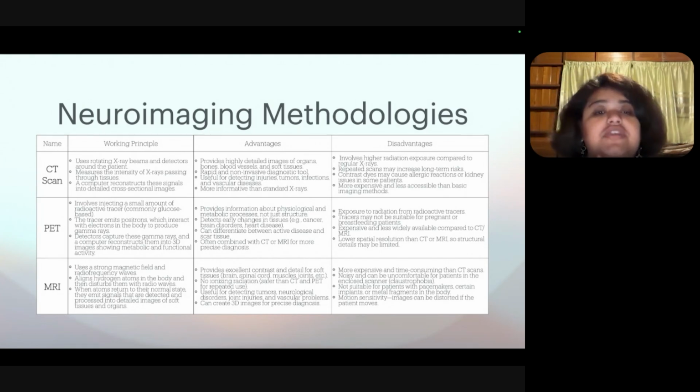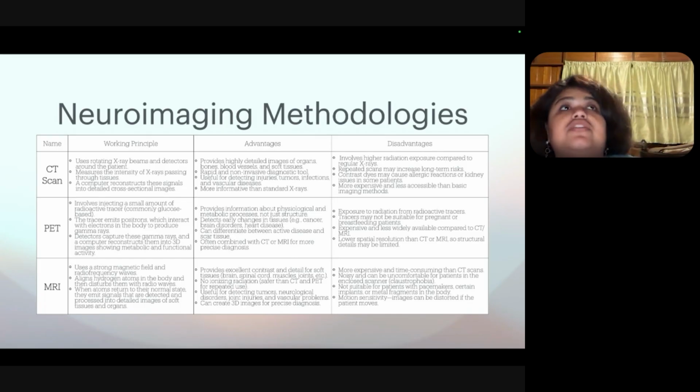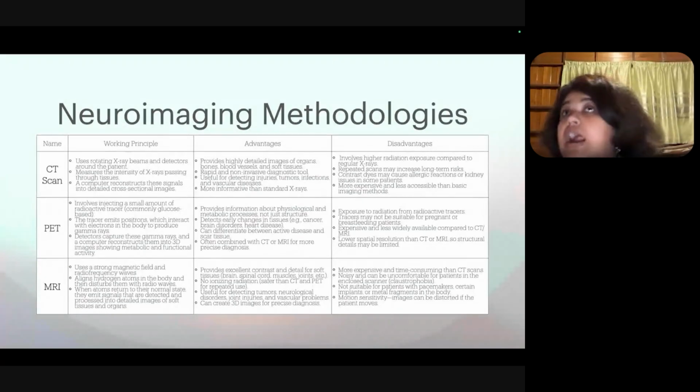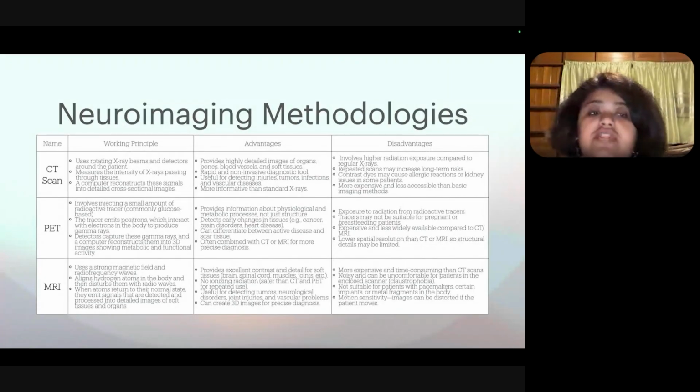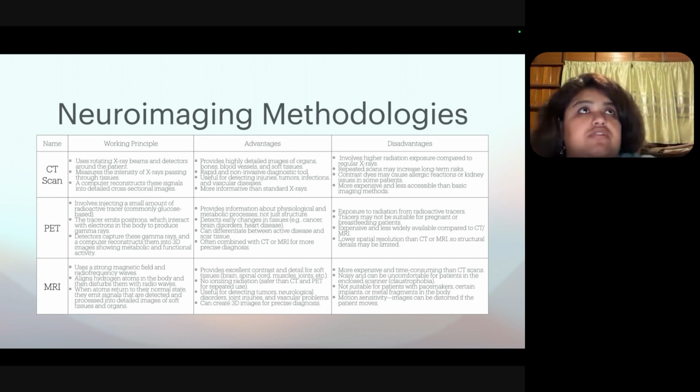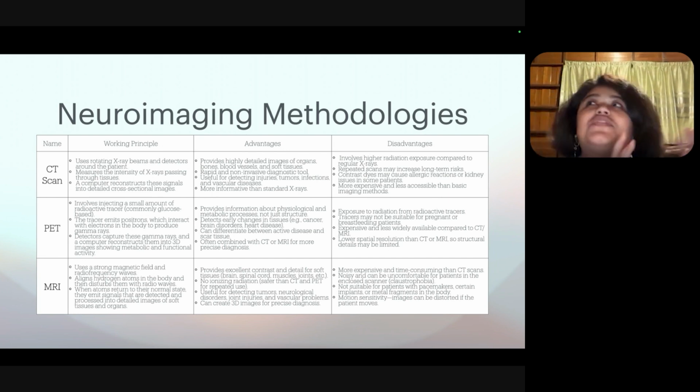So before CT scan, we did not really have any kind of methodology that could look inside our brain, because brain is soft tissue, it's not bones or hard tissues, right? So there was nothing that could actually give an image of our brain. So what did it hinder? It actually caused a lot of problems for the patients, because diseases were still there.